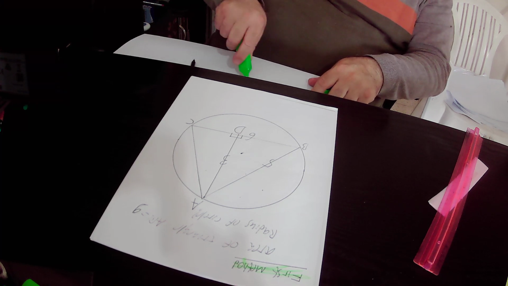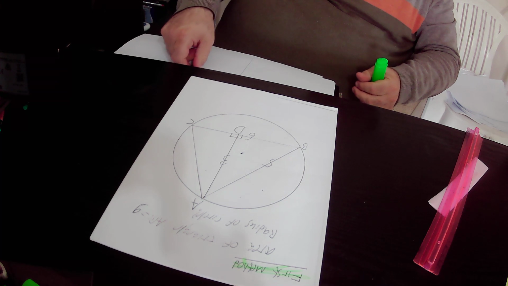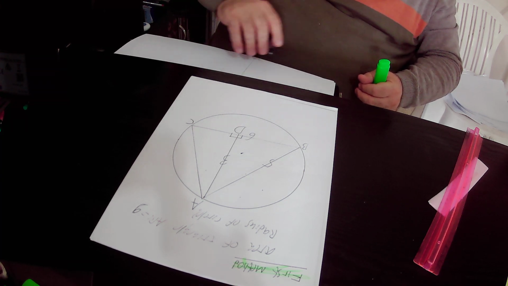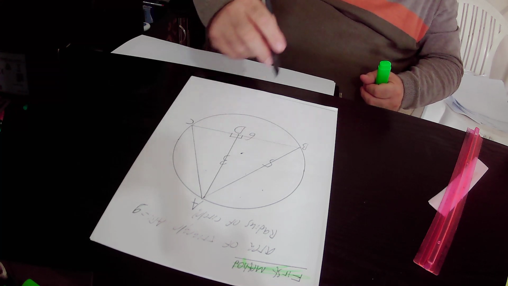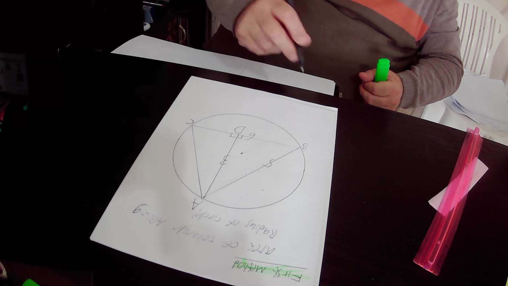According to the Pythagoras theorem, the square of the hypotenuse equals the sum of the squares of the perpendiculars. The hypotenuse is AB, therefore the square of the hypotenuse is AB squared, and it must be equal to the sum of the squares of the perpendiculars, that is to say, AD squared plus BD squared.